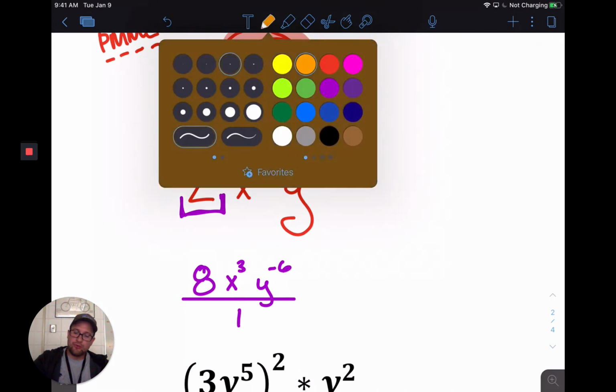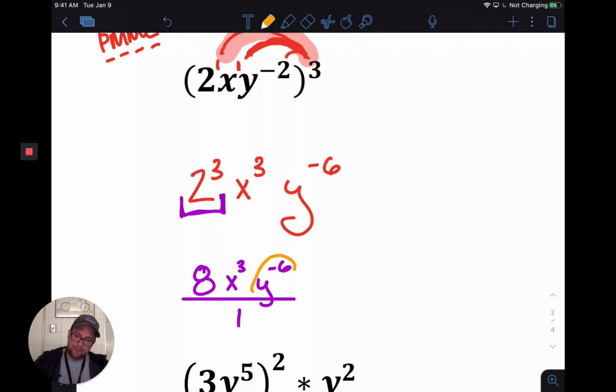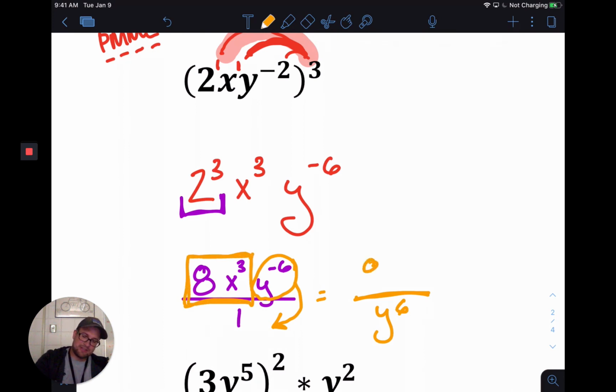Then what we're going to do is we're going to take the part with the negative exponent, and if I move it to the other side of my fraction, it becomes positive. So if I move that y to the negative 6 to the bottom, now it's going to be y to the positive 6. That's how we are going to be dealing with negative exponents. Now up top, these two didn't have negative exponents, so they're just going to stay up here like so.